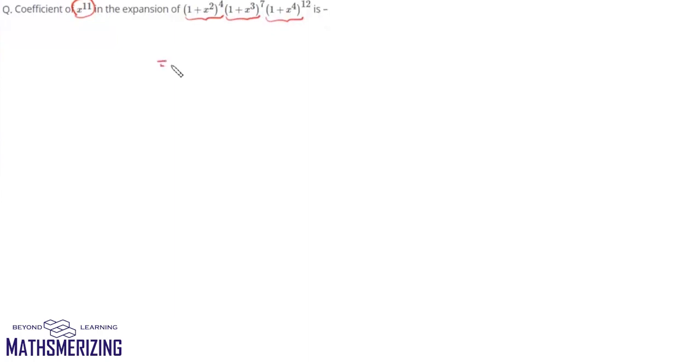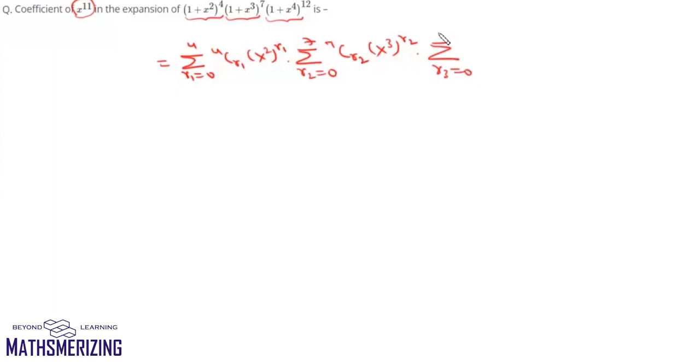So I'll write this product as summation r1 varies from 0 to 4, 4Cr1 x squared to the power r1 into summation r2 varies from 0 to 7, 7Cr2 x cubed to the power r2 and then summation r3 varies from 0 to 12, 12Cr3 and x to the power 4r3.